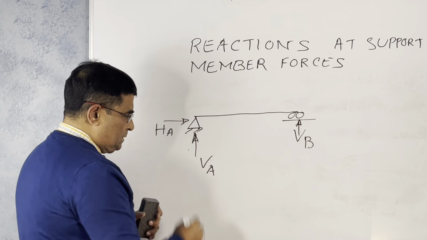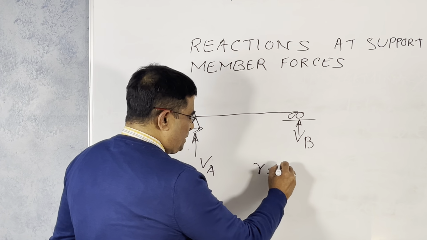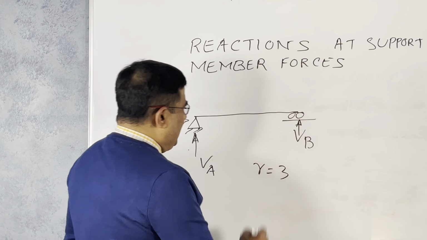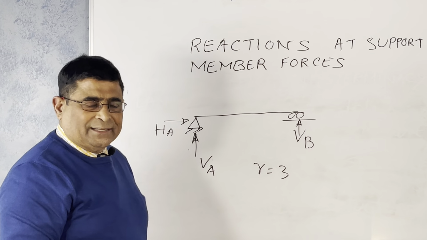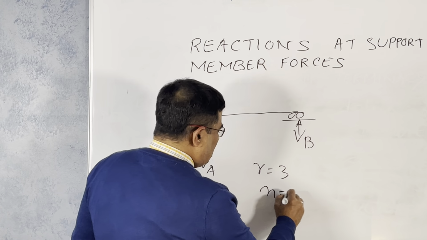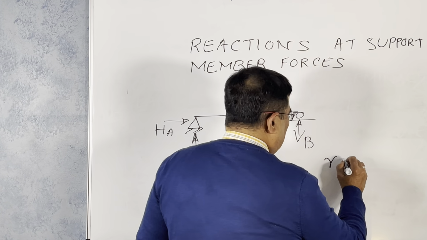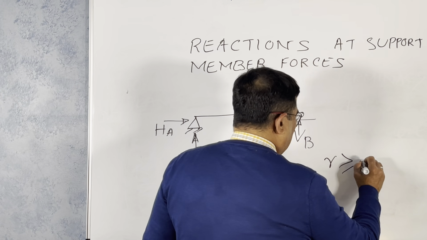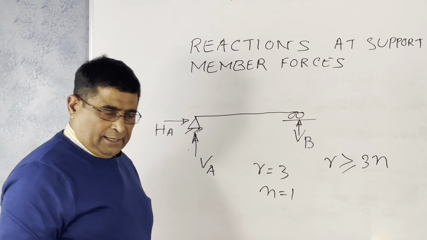So three unknowns. Our equation is R, which is equal to 3. We have one member, one element, so our n equals 1. Our equation is that R is greater than or equal to 3 times n. Correct?